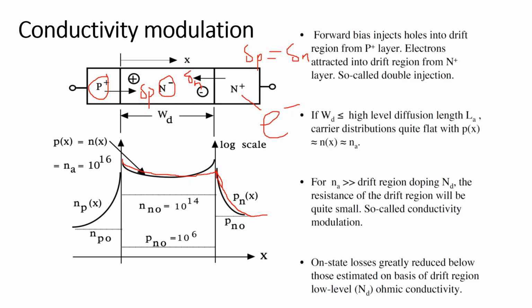Similarly, since it attracts an equal number of delta n from the n plus region, the delta n electrons will go inside the n minus region, and they will not recombine completely in the n minus region. They will reach the p region, so they will reach here.